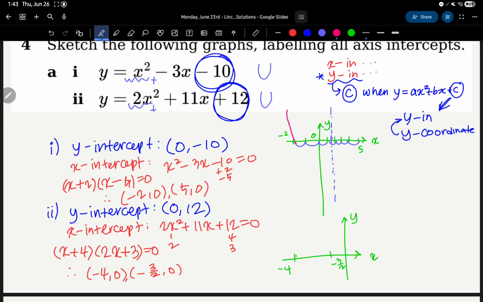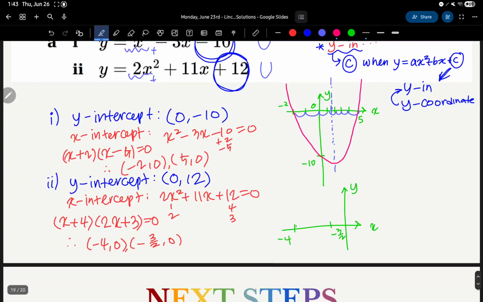Therefore, I know that it's going to be looking like that. Yeah, there you go.